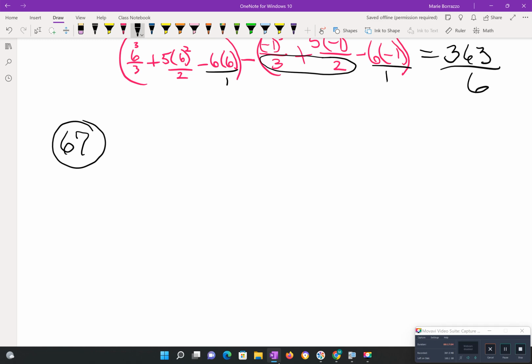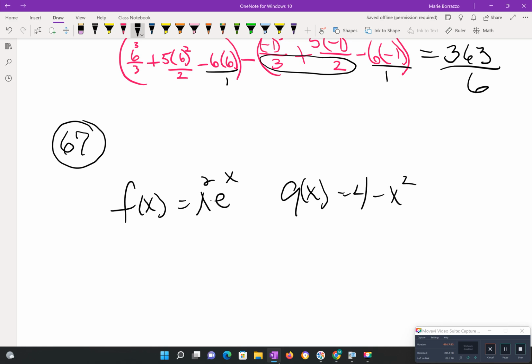67 is the same thing. You're going to throw this into the calculator. You're basically going to take f of x equal to x squared e to the x and g of x equal to 4 minus x squared.